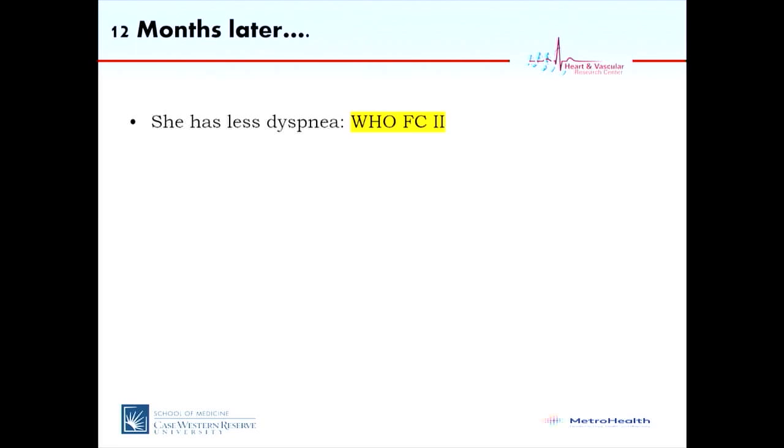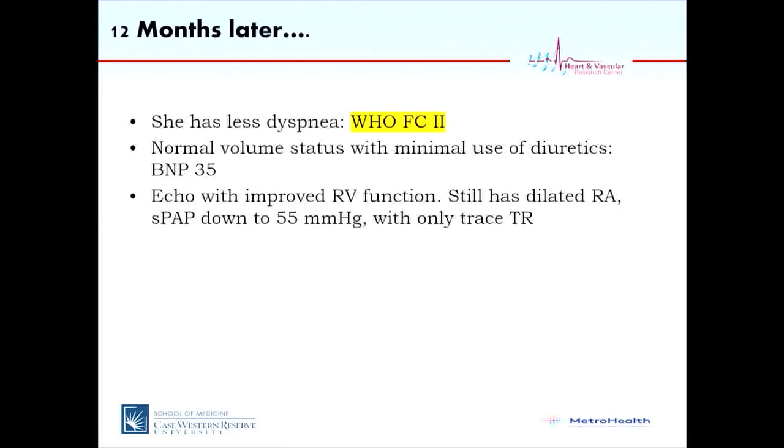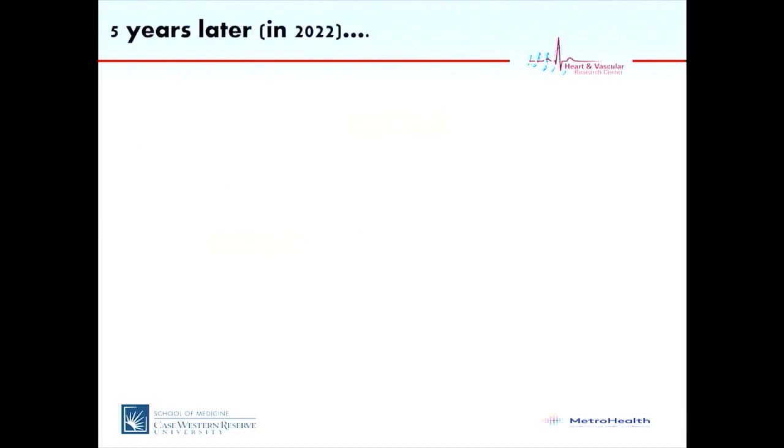Twelve months later, she's down to functional class 2 with normal volume status and minimal requirement of diuretics. Her echocardiogram showed improvement in her right ventricular function and her PA pressure. And her 6-minute walk went up from 200 to 360 meters, and that is significant for these patients who are very limited in what they can do.